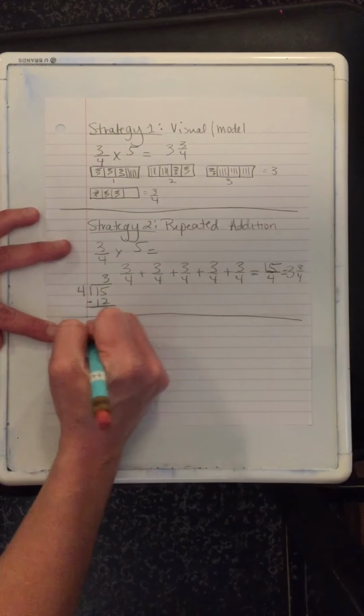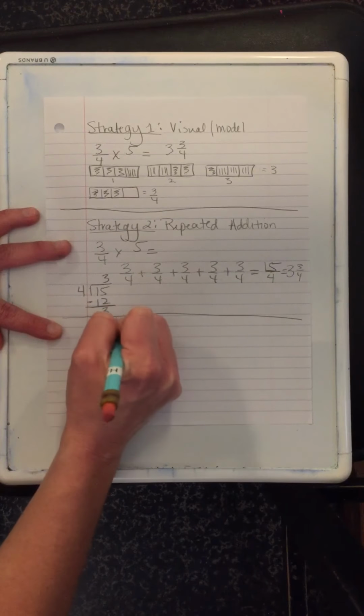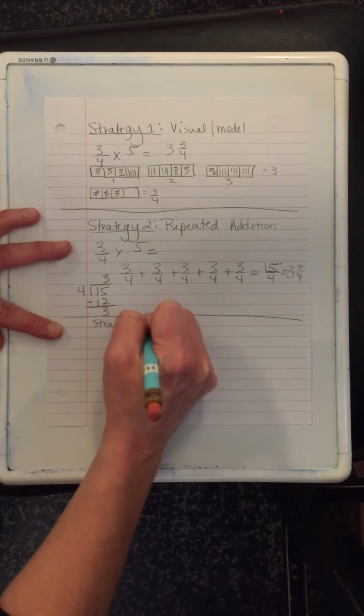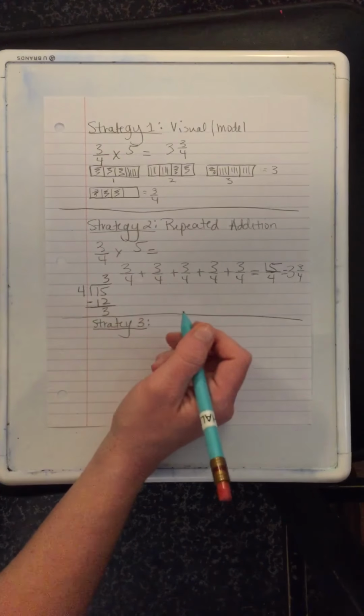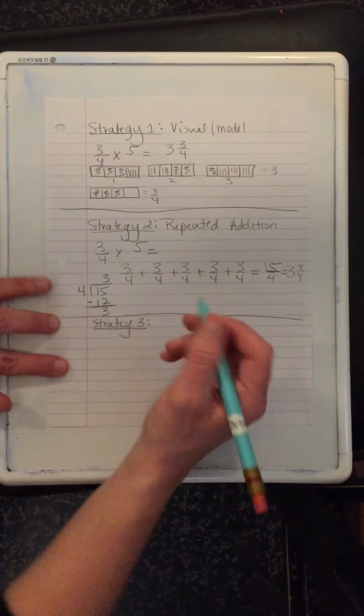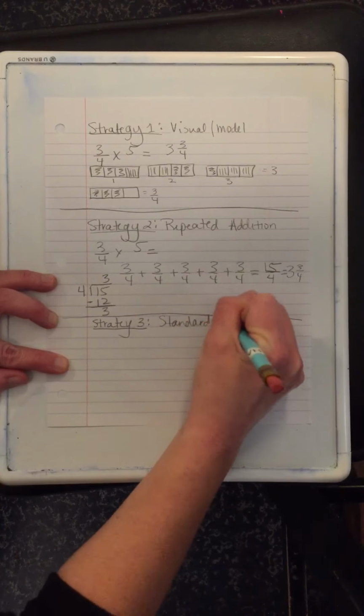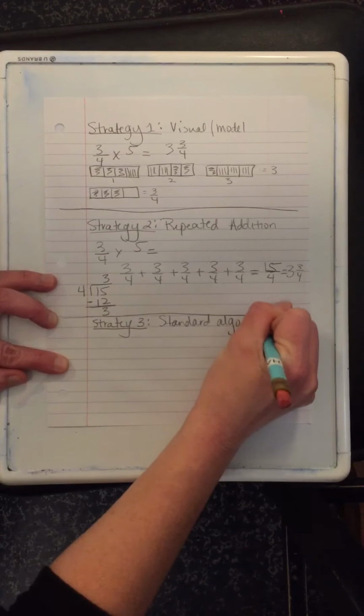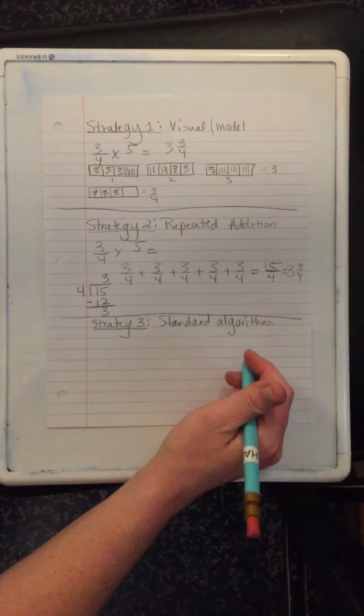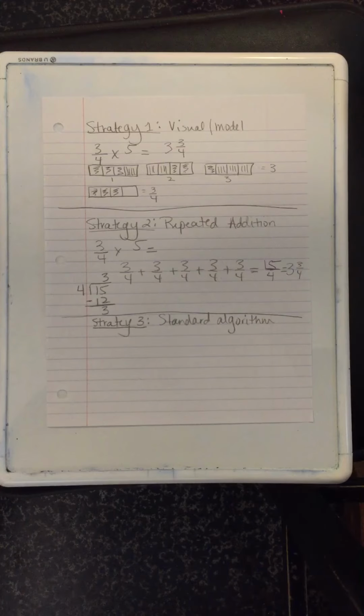All right, let's move on to strategy 3. Strategy 3 is our standard algorithm. We actually have a song, and I've posted the video in your assignment. It is the Number Rock video that we watched in class.